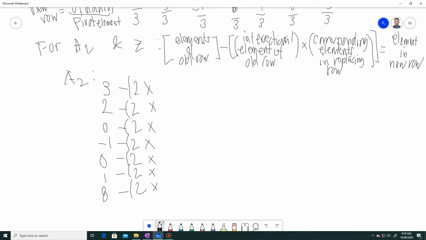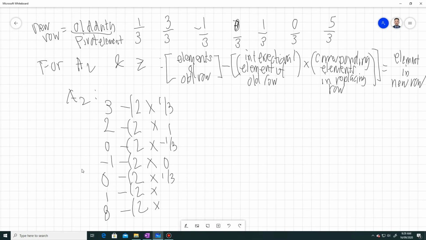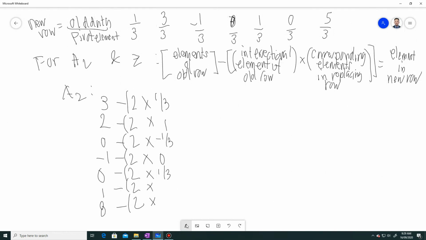So we write it here: 1/3, 1, negative 1/3, 0, 1/3, 0, and 5/3. And then we perform mathematical operations.